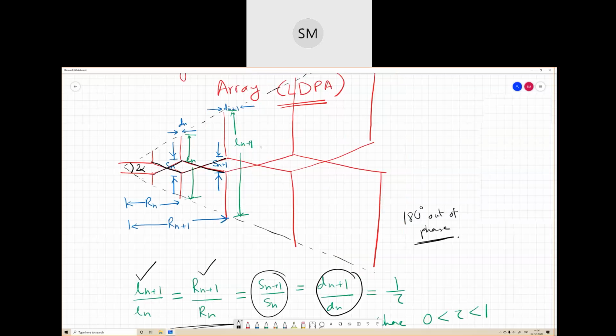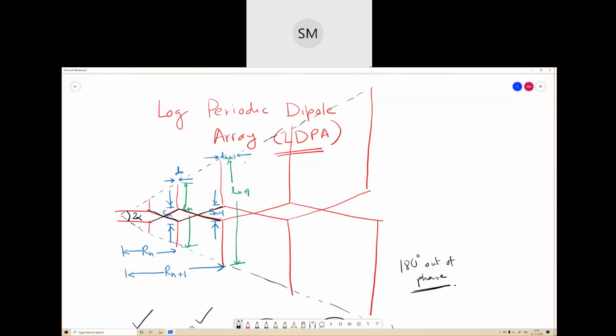So why do you think this antenna should have a higher bandwidth than the other antennas we have discussed? Like to have a guess why? Look at the structure.